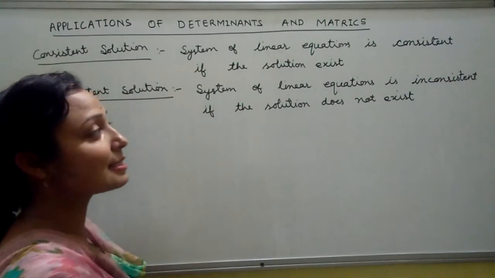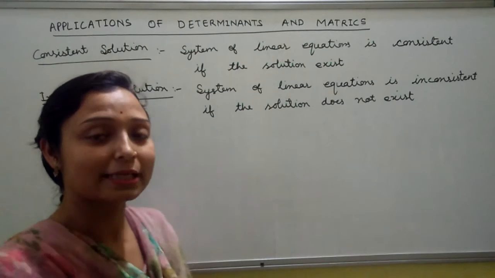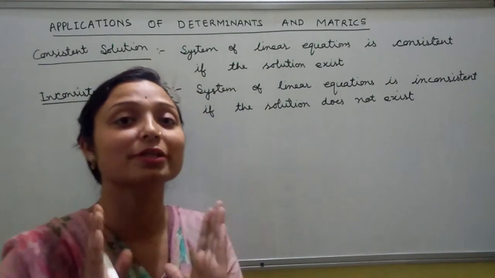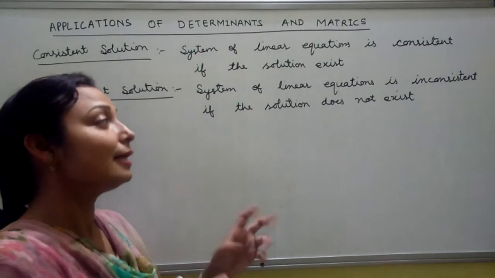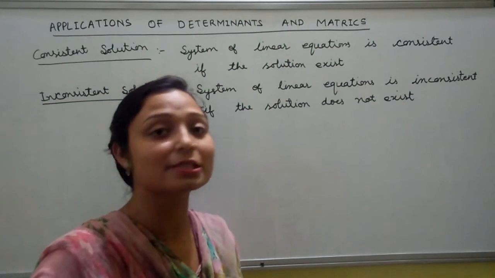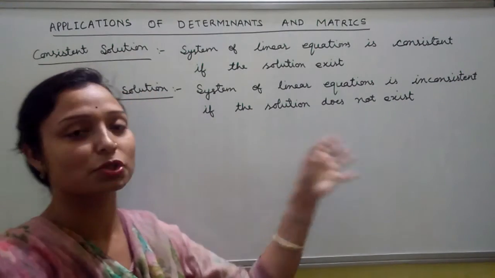Okay, so this is the way when we say these equations are consistent equations, that means the solution exists. If we say that the linear equations have an inconsistent solution, this means that the solution does not exist.